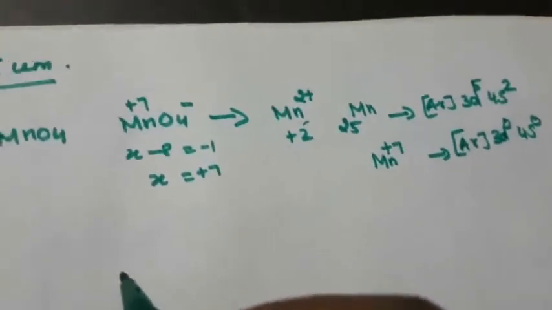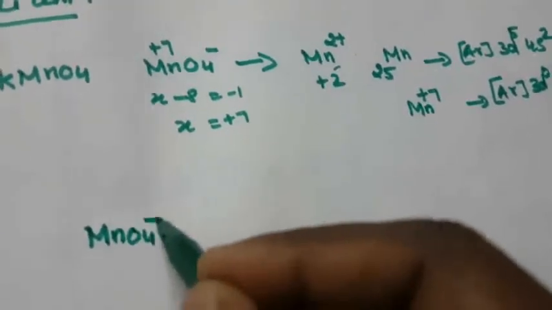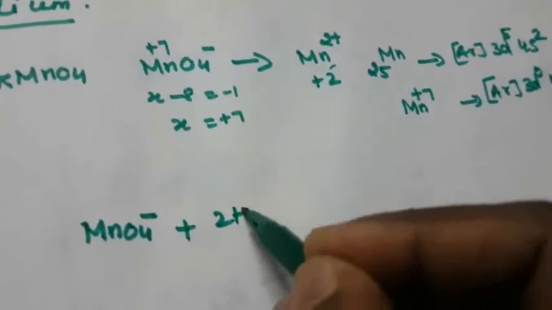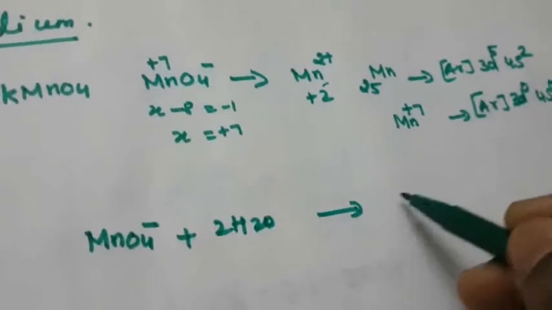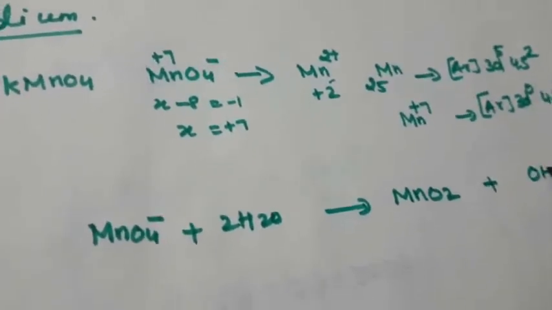Now, how to write the neutral medium? MnO4 minus plus we are adding water gives MnO2 plus OH minus.